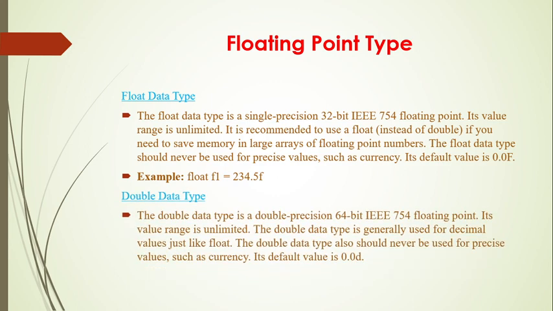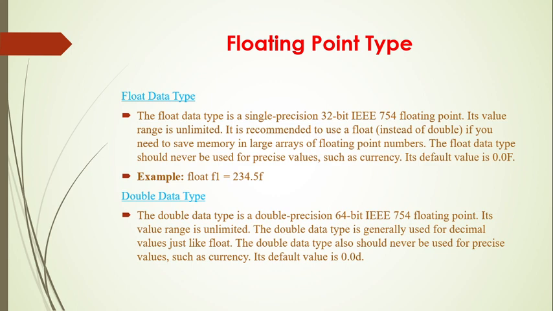Next is the double data type. The double data type is a double precision 64-bit IEEE 754 floating point. Its value range is unlimited. The double data type is generally used for decimal values just like float. The double data type also should never be used for precise values such as currency.